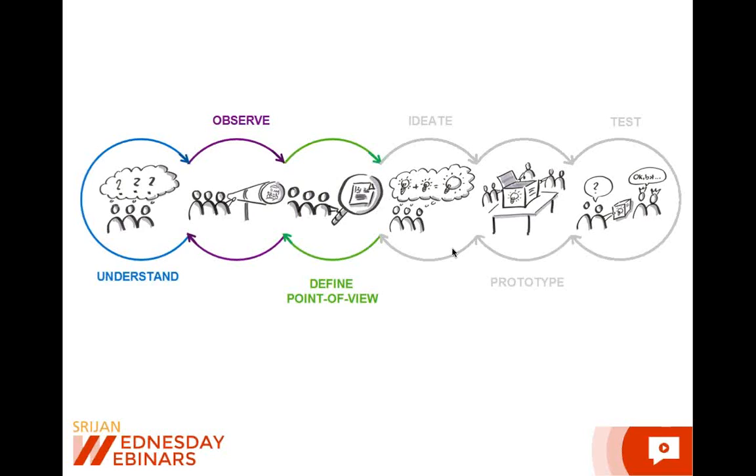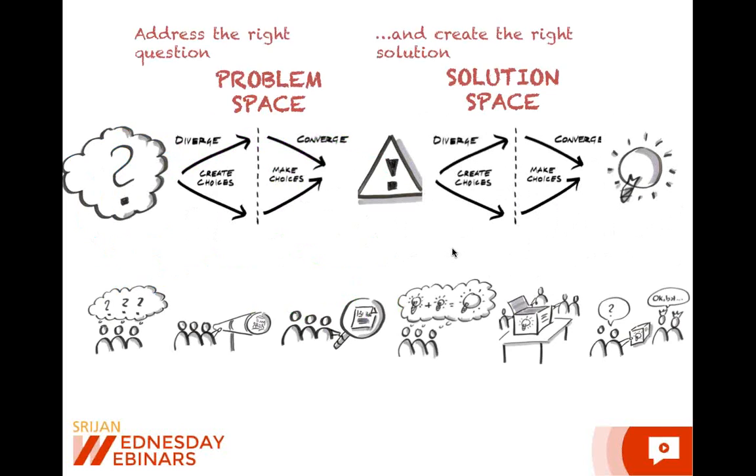So let's quickly delve a little deeper into the process itself and what I mean by the process, and relate it back to the Pixar example that I had shared earlier. Before we go there, one very clear and critical aspect of design thinking is that you need to have the right question, the right problem, in order to come up with a really good solution.